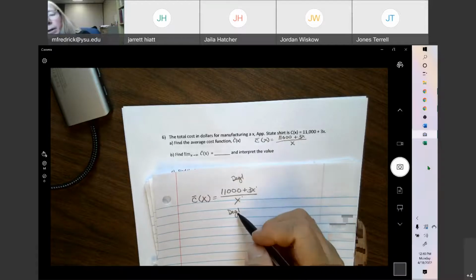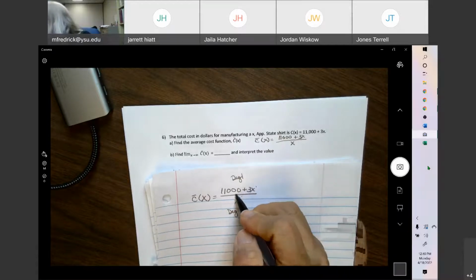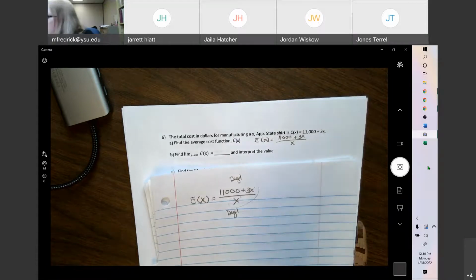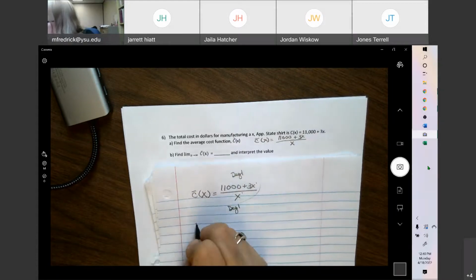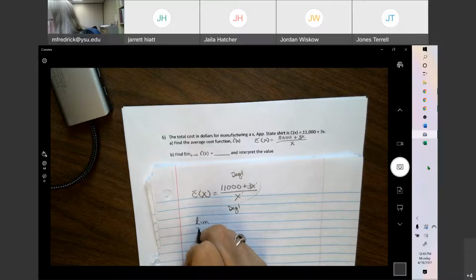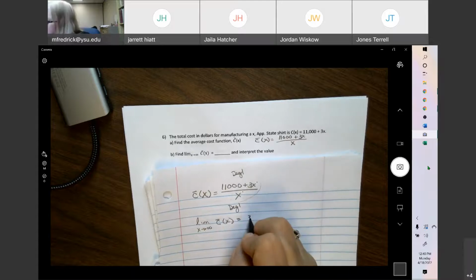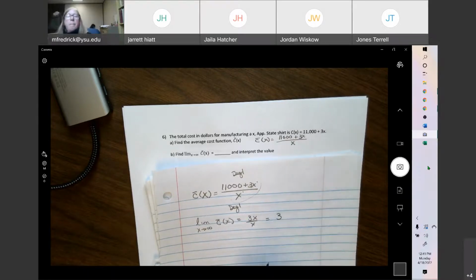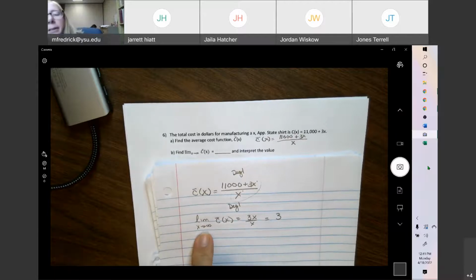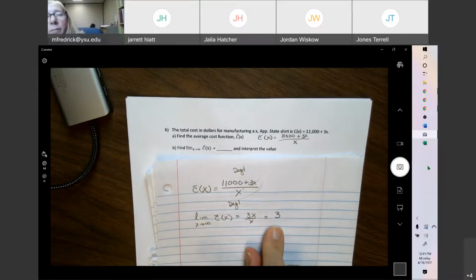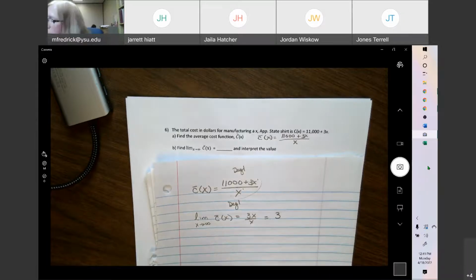When the degree of the top and the bottom is the same, you take those two largest degree terms and reduce them. So the limit as x goes to infinity of the average cost function is 3. Any questions on that part?